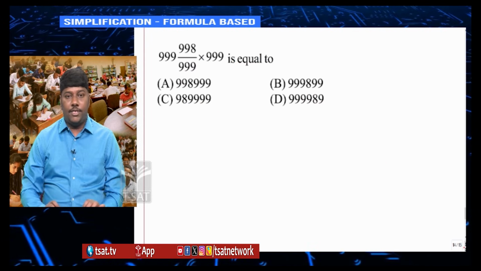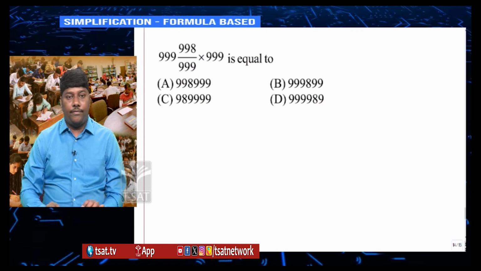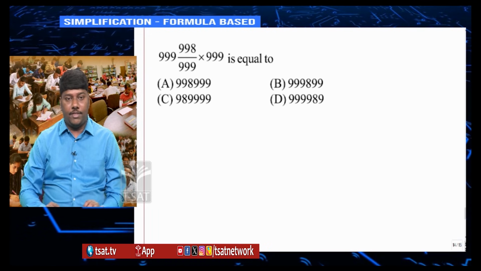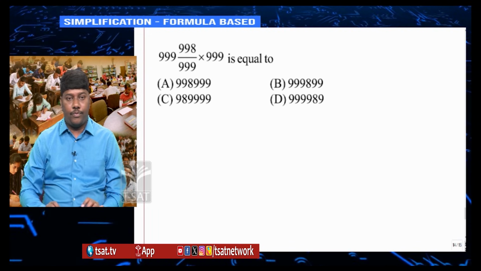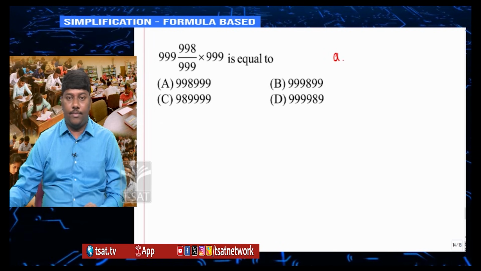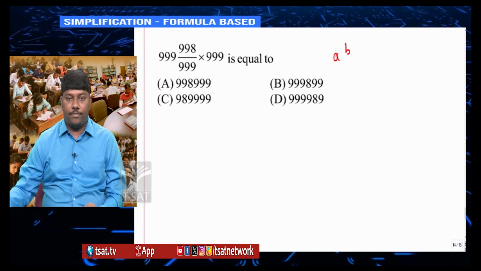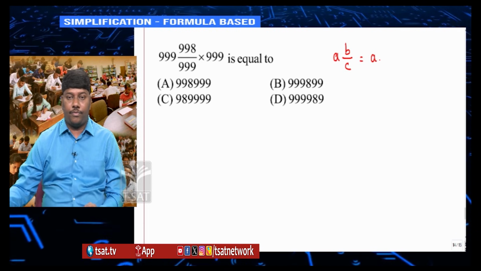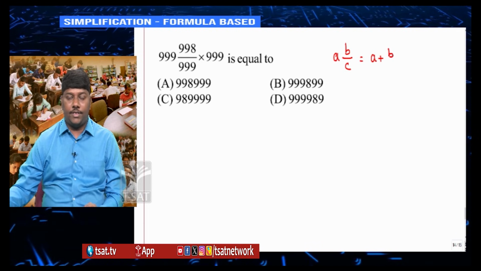Now see how we solve sums based on fractions, which are in the form of a b by c into something. We all know when a mixed fraction a b by c, you can always write it as a plus b by c.